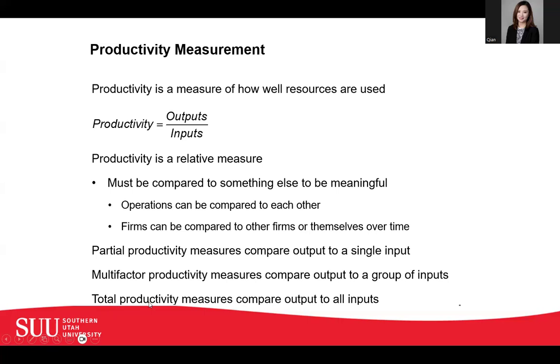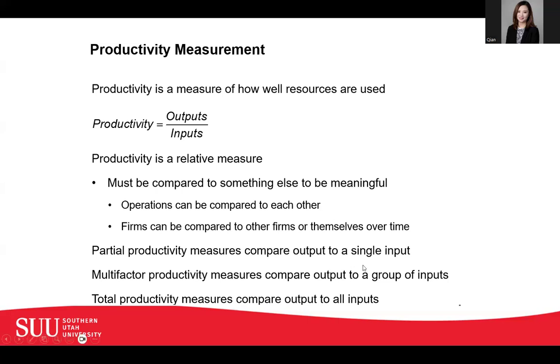So total productivity measures the outputs relative to all the inputs. And we also have two others. Sometimes we only want to focus on labor. Sometimes we only want to focus on capital. Sometimes we feel other expenses, like environmental expenses, are really important for us, and we want to figure out the productivity of that part.